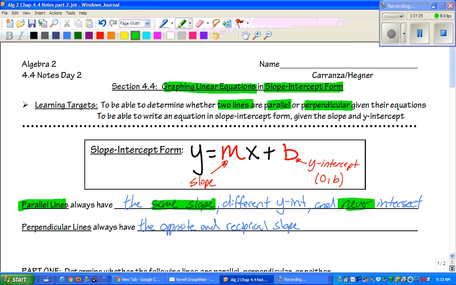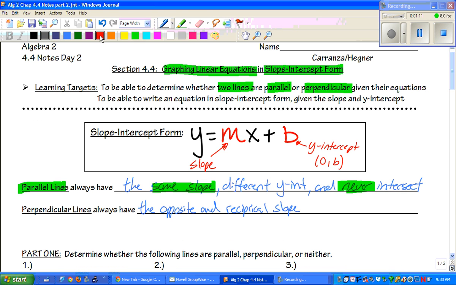Perpendicular lines have the opposite and reciprocal slope. So let's think about that. Opposite, well, what does opposite mean? They're different. If one's positive, the other is negative. And reciprocal means to flip or switch the slope.